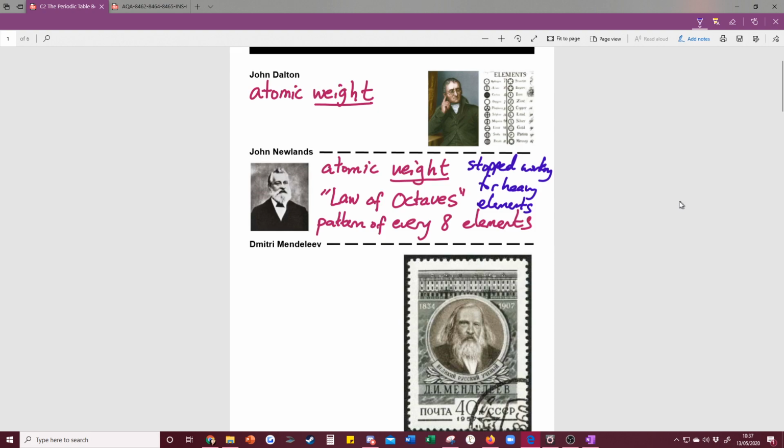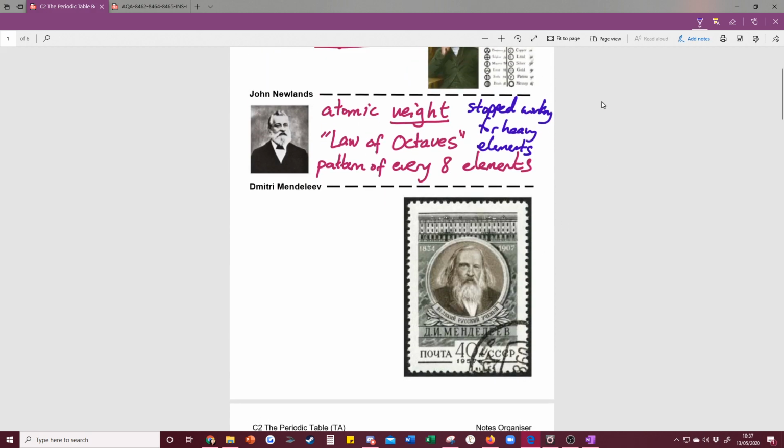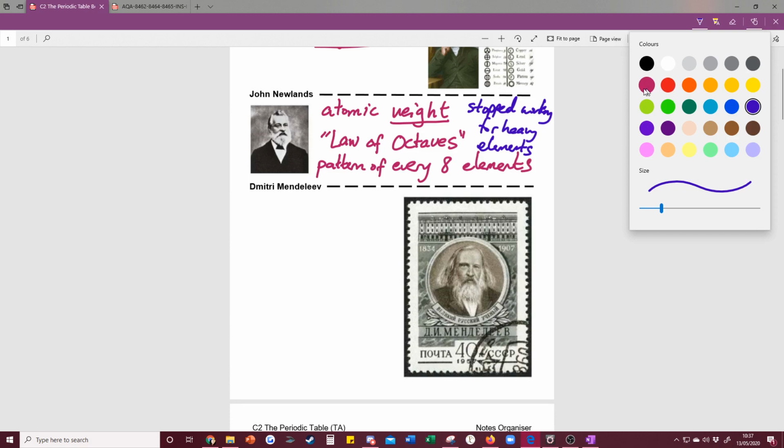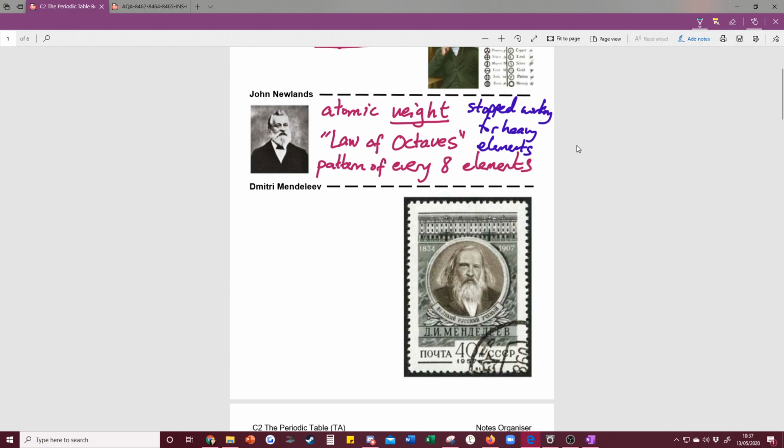Now, Dmitri Mendeleev is known as the father of the periodic table because it is his version that we use, because he did it properly. Even though the two guys before attempted to organize the periodic table, they didn't do as great a job as Dmitri Mendeleev did.